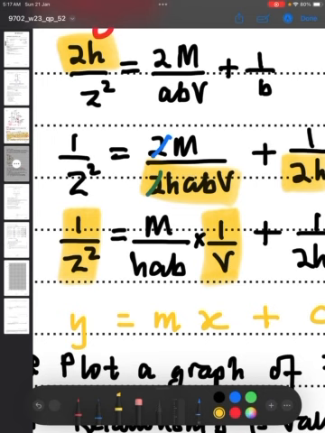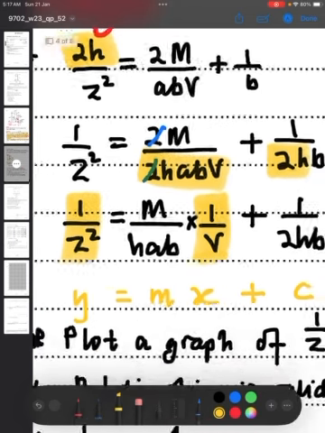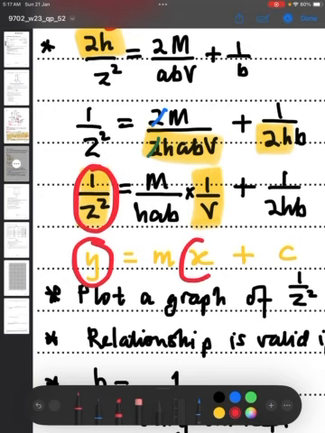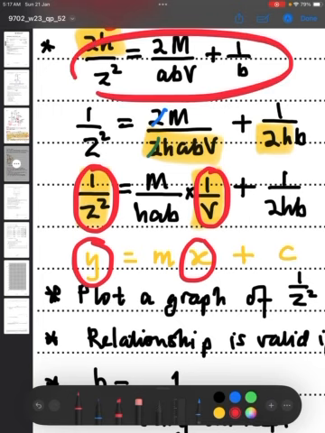So it's perfectly fine for me, because as it stands, if I put 1 over z squared on the y-axis, and 1 over v on the x-axis, then if this equation is valid, the graph of 1 over z squared against 1 over V must be a straight line.